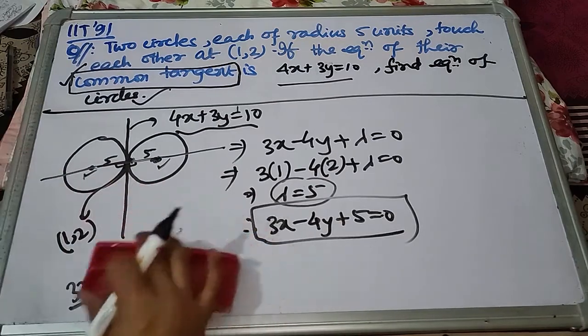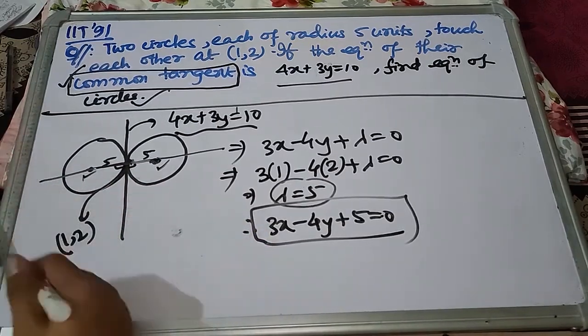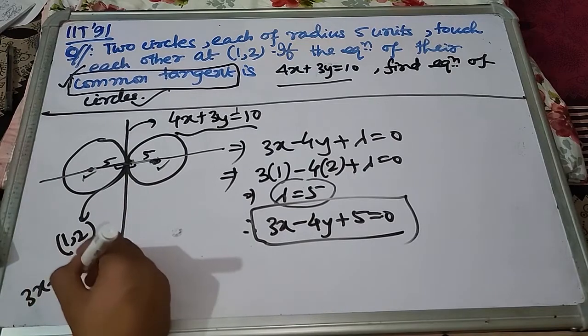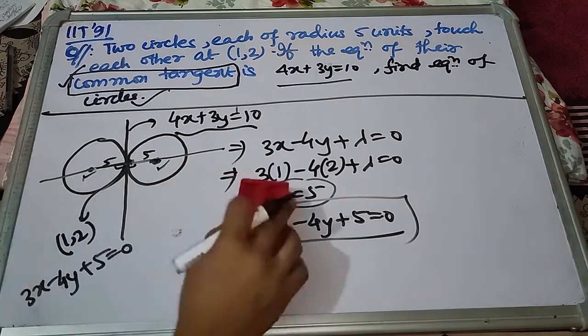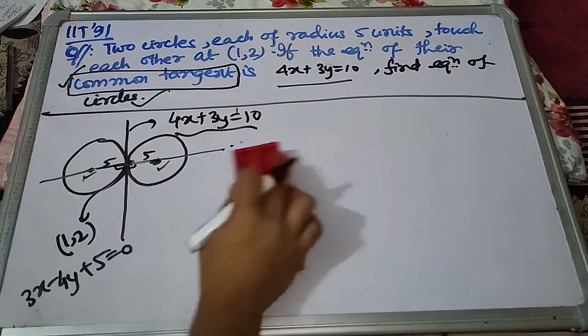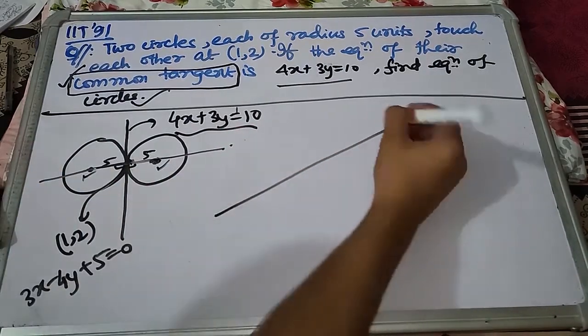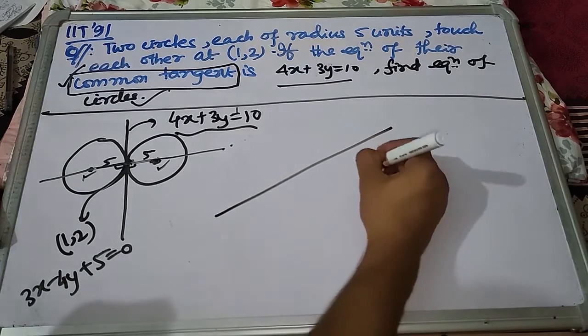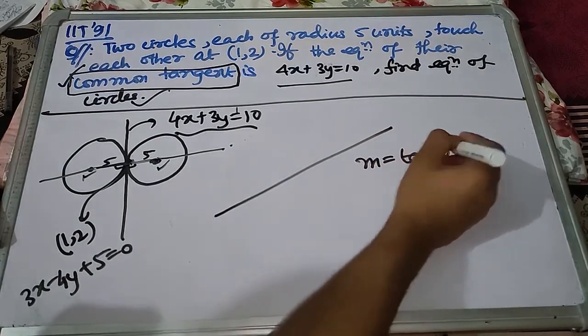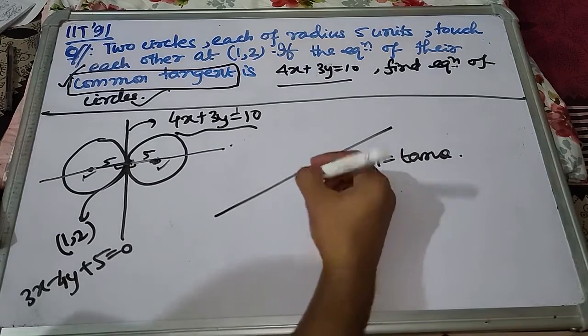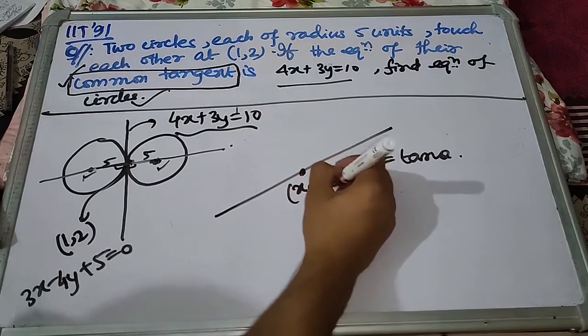How to find that? Now we need a little bit of knowledge of straight lines. When we are given a straight line, suppose this is the straight line given to you, its slope is tan theta, and you are over here, right? This is the point (x1, y1).